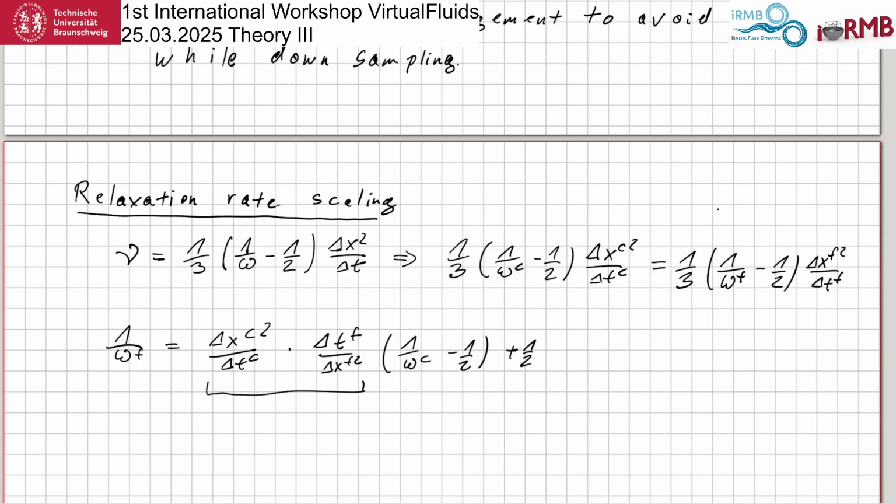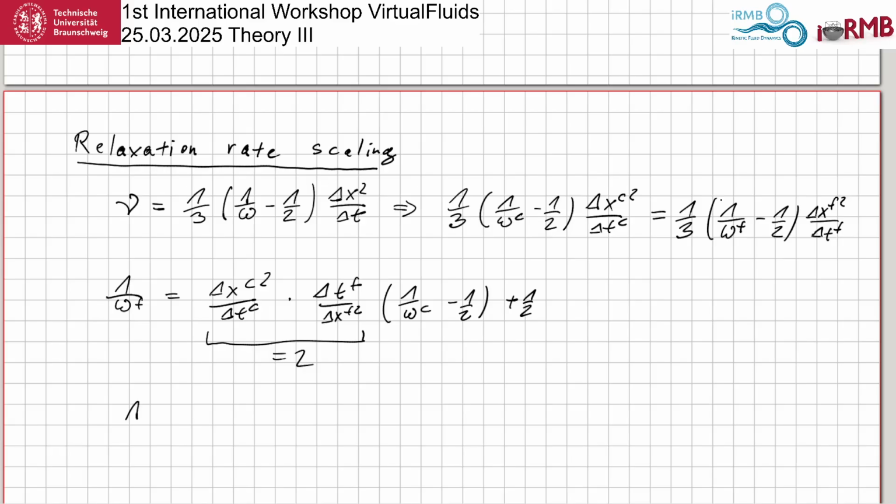And because we are refining by a factor of 2, this here comes together to a factor of 2. And this means that 1 over omega f translates into 2 over omega coarse minus 1/2. So this is how we have to scale the relaxation rates between the fine and the coarse grid.